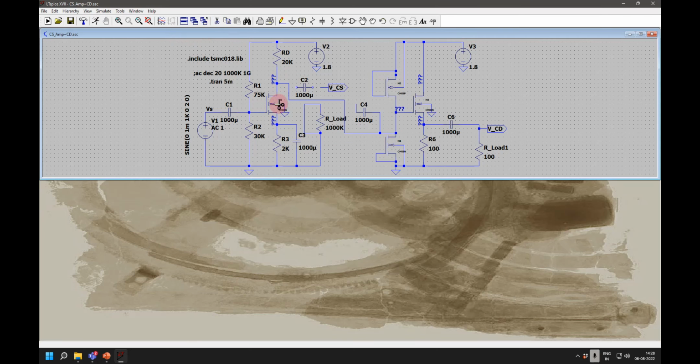Okay, let me just delete all these things. Sir, that load resistor should be connected to that output net, right? Because then the CS amplifier gain will be much reduced without that load resistor. No, this is the load resistor now. Okay.